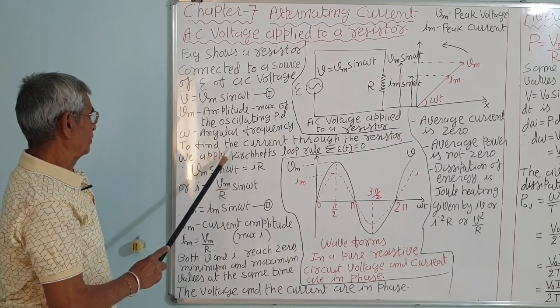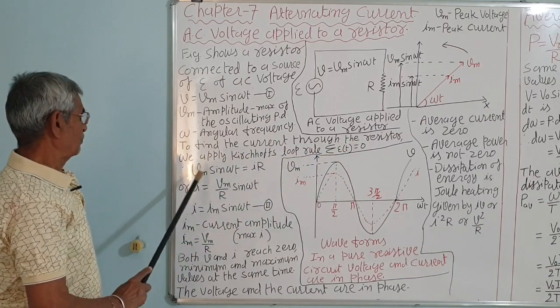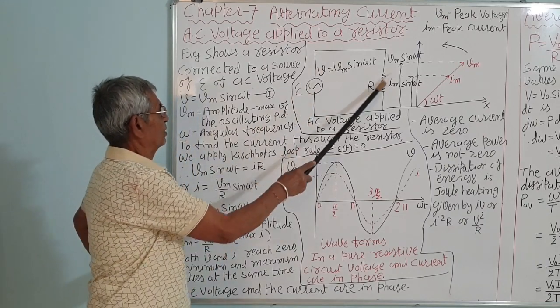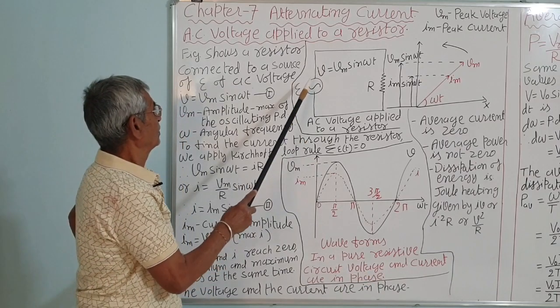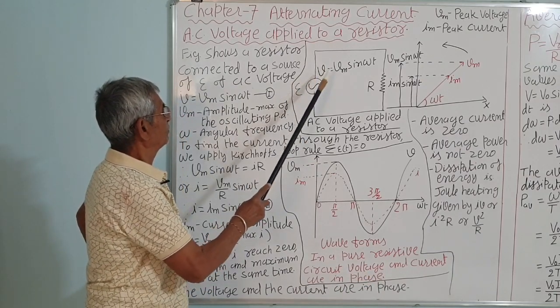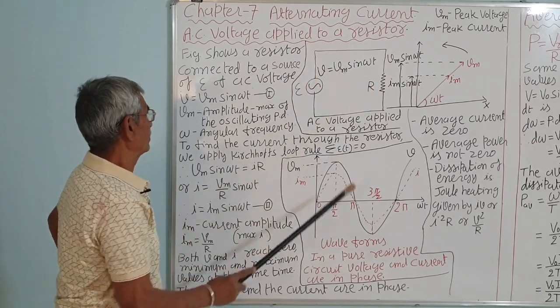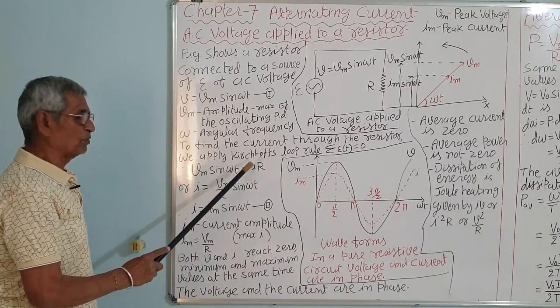To find the current through the resistor, we apply the Kirchhoff law. The total voltage change across the closed loop is 0, that is, Vm sin omega t minus IR is equal to 0, or Vm sin omega t is equal to IR.